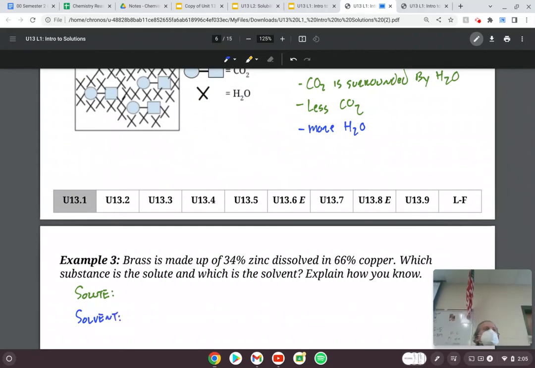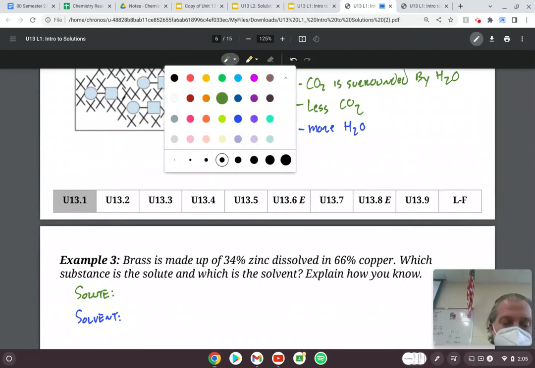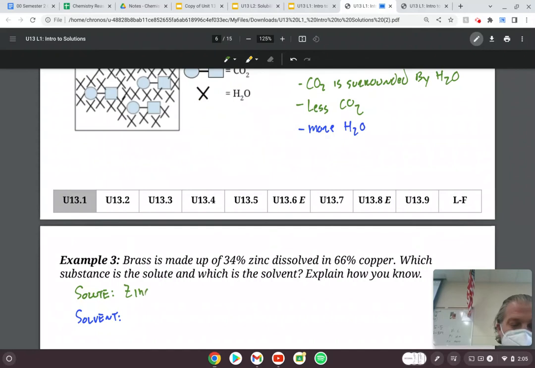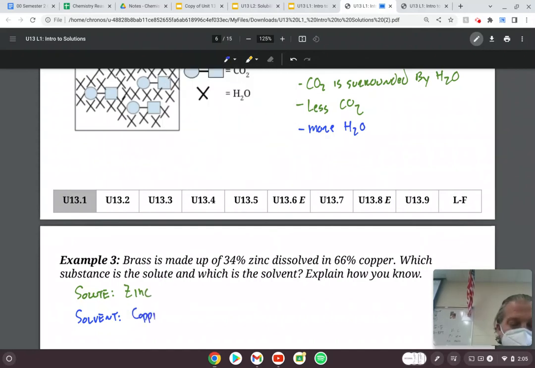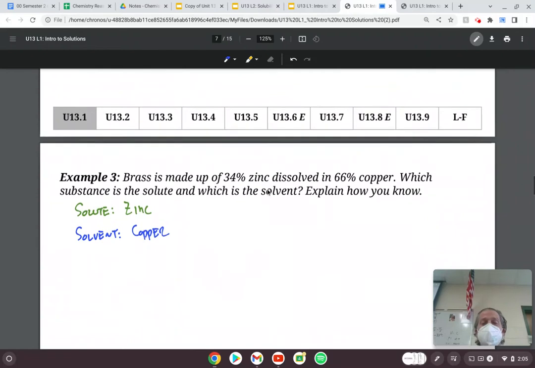In this particular instance, we have zinc and we have copper. By simply looking at this, the zinc will be the solute and the copper will be the solvent.